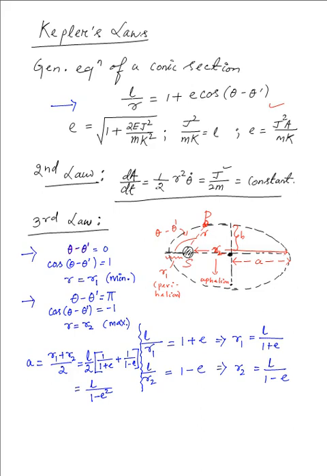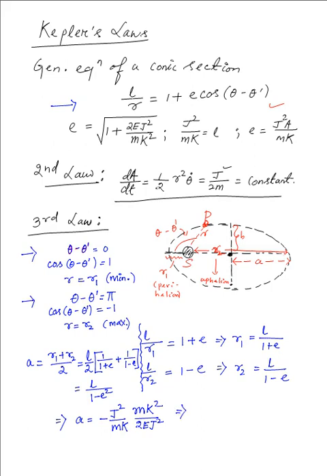So this leads us to the value of A, which is equal to, we put the value of L that we had previously discussed, that is j squared divided by mk, and then we use the value of 1 minus e squared, which we had obtained in the previous video. If you can check that, that is mk squared divided by 2E j squared, and this will be negative and the negative can come over here.